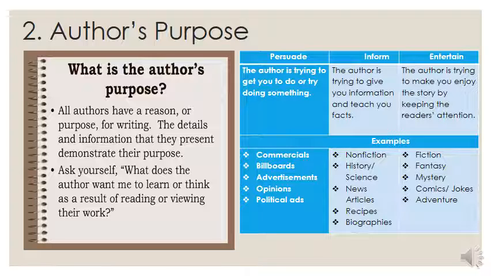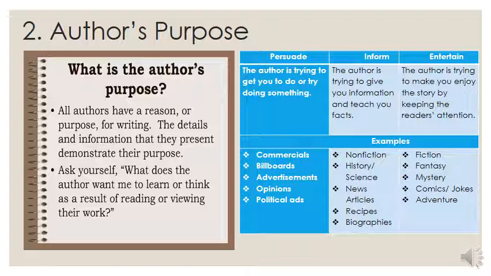We said that to persuade is when the author is trying to get you to try or do something, when the author is trying to convince you about something. For example, if you are reading an article about the importance of drinking orange juice in winter, here the author's purpose is to persuade, because he's trying to convince you.